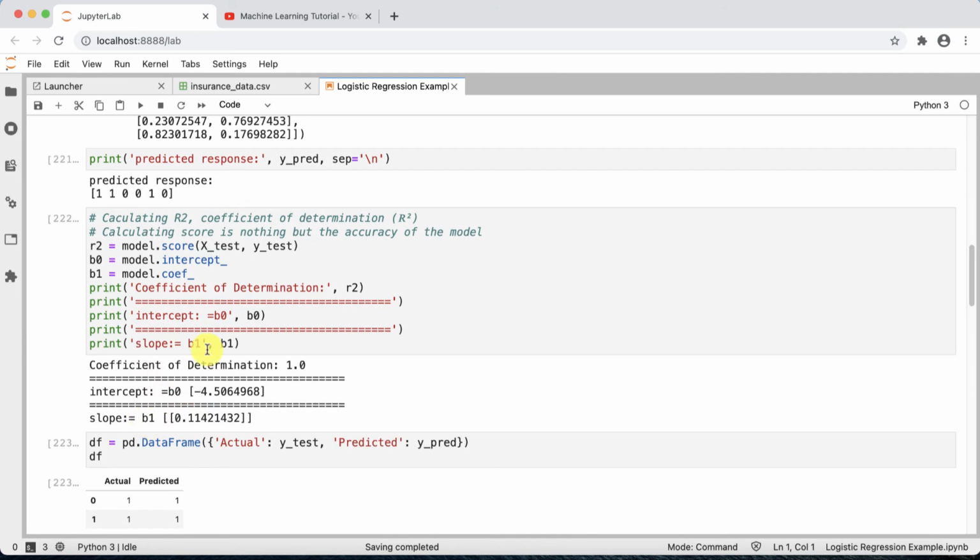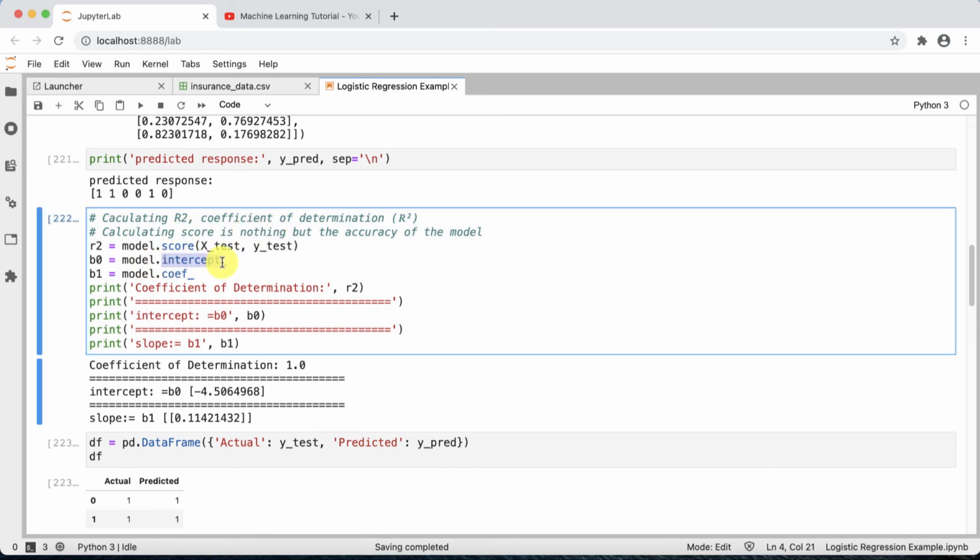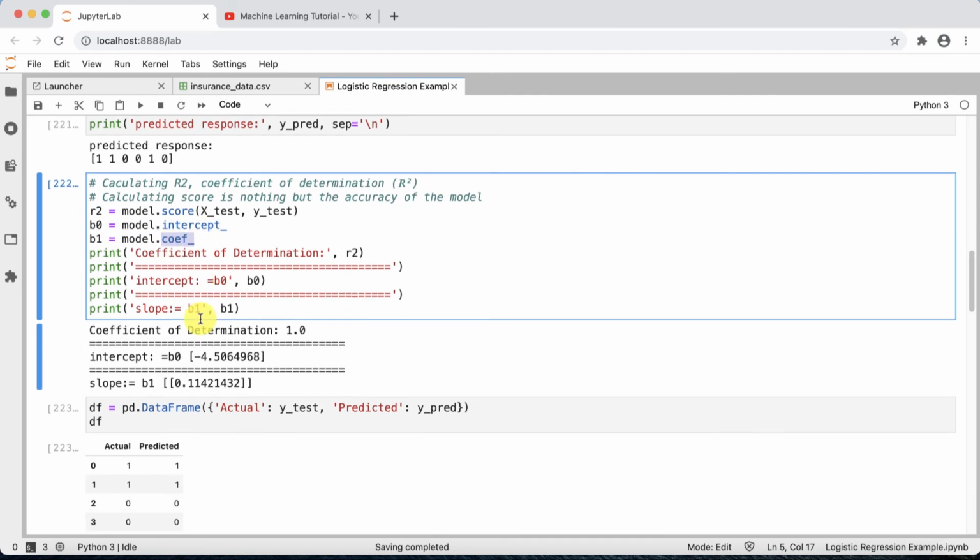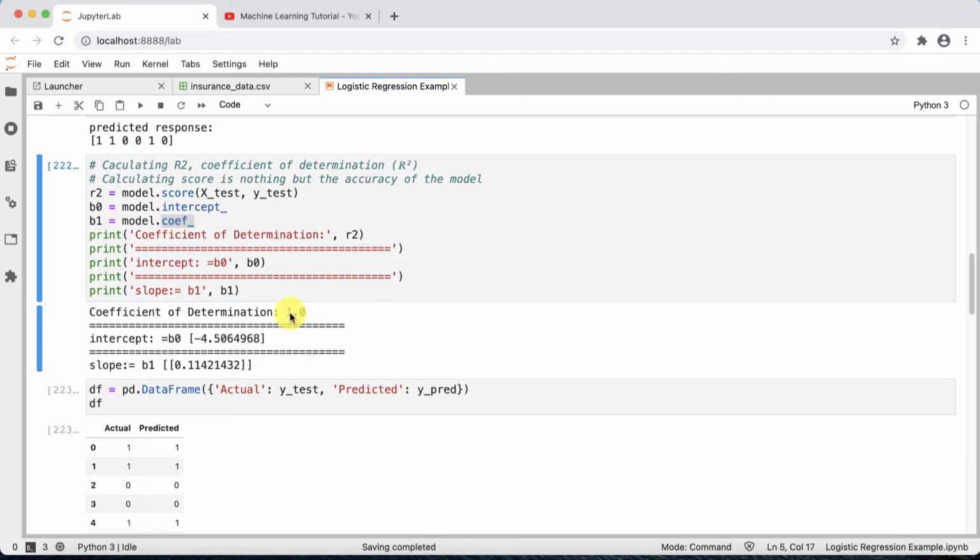Now let's put our evidence for why my algorithm is perfectly fine. So I'm calculating the R-square value, right? The score value is nothing but the accuracy of the model. Then we are also finding the intercept and coefficients. So here you can see the value, I have 1.0, my accuracy is 100%.